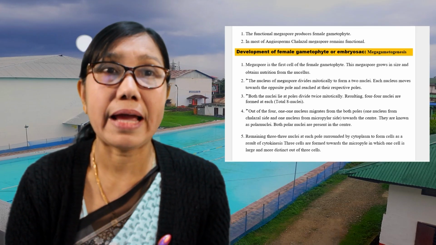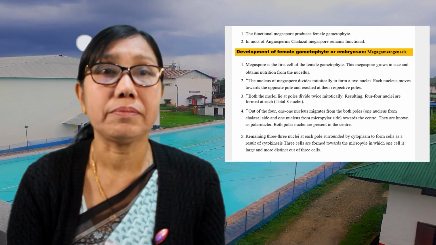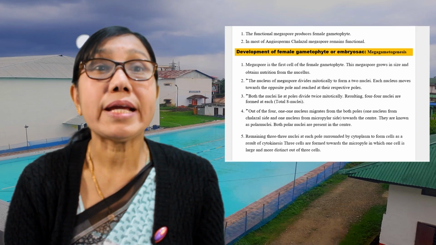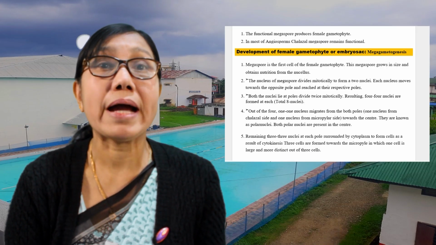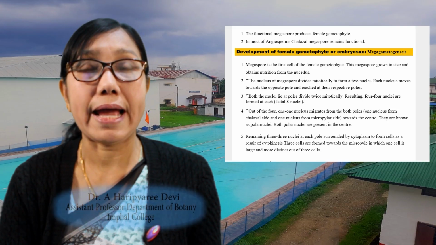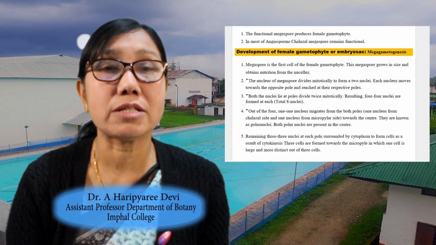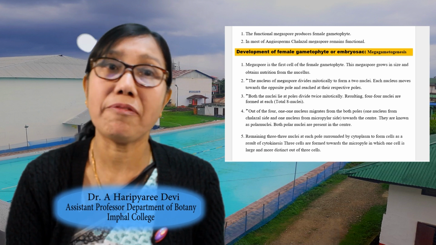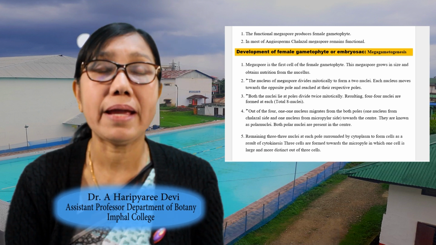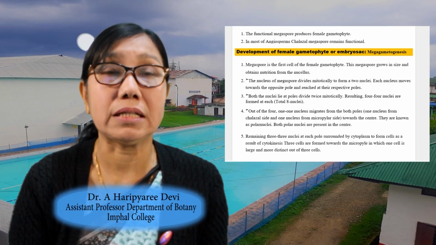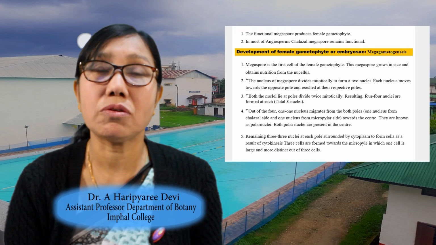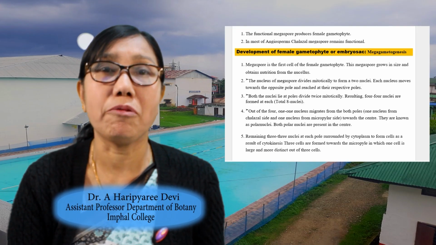So the nucleus of the megaspore divides mitotically to form 2 nuclei. If a cell divides mitotically, it should form 2 nuclei only. If it divides meiotically, it would be 4 cells. But here it is mitotically divided, so only 2 nuclei will be formed.